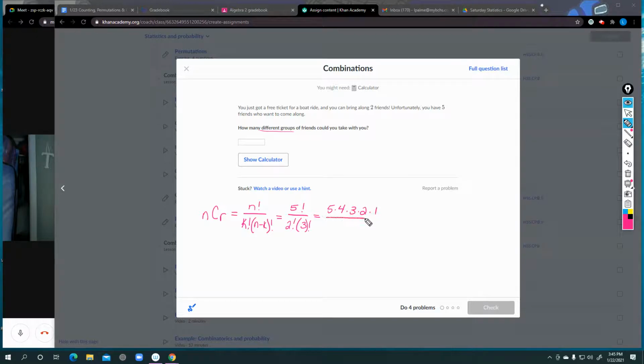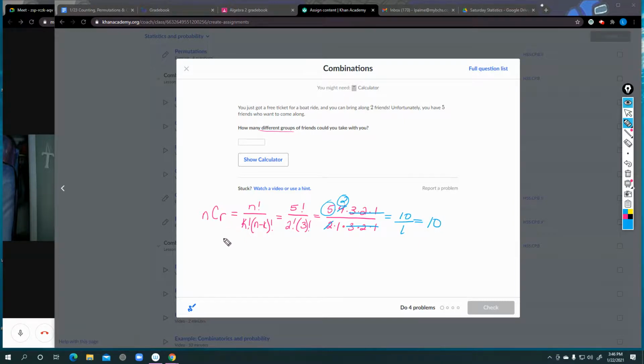Sorry guys, it's late. And then for 2 factorial, it'll be 2 times 1, and 3 factorial is 3 times 2 times 1. Now remember, with division, you can cancel out. So 3 times 2 times 1 can be canceled. We can reduce here: 2 goes into 4 2 times. So we're left over in the numerator with 5 times 2, which is 10, over 1, which is just 10.